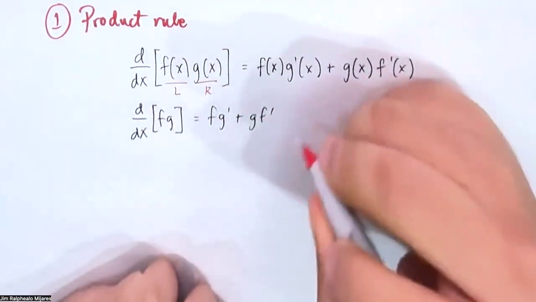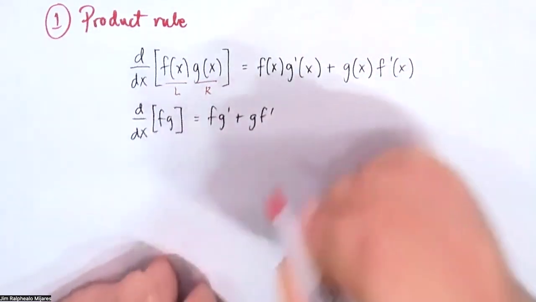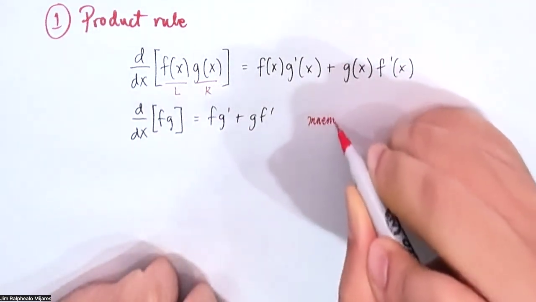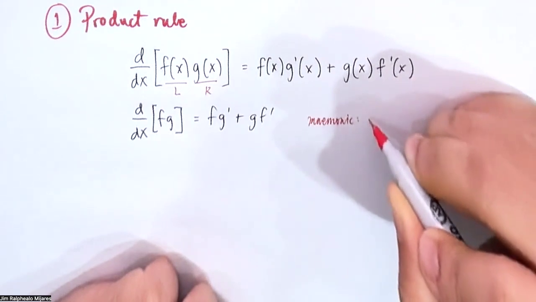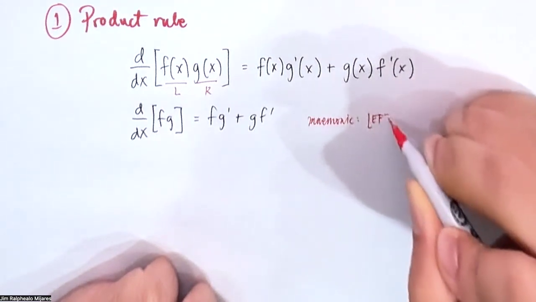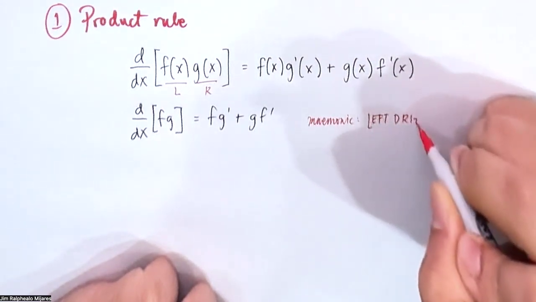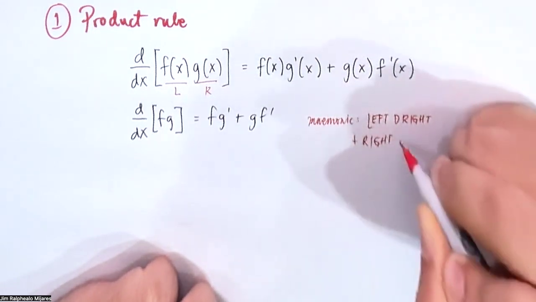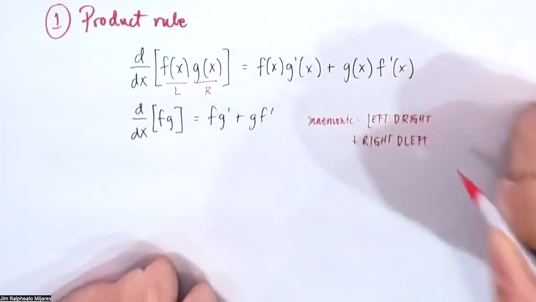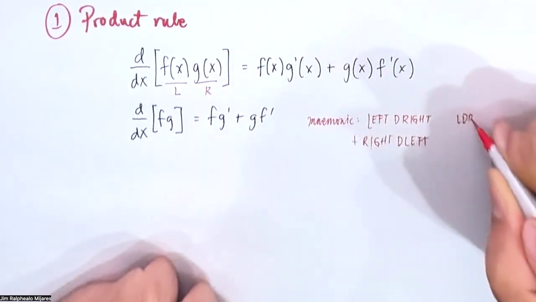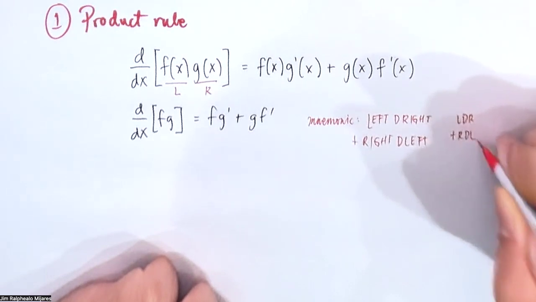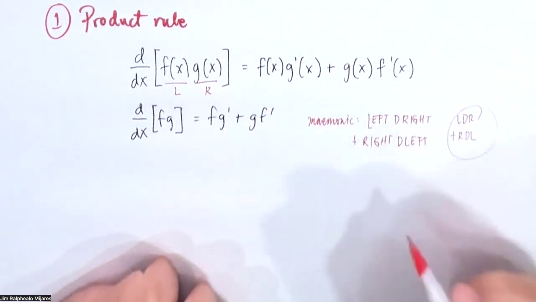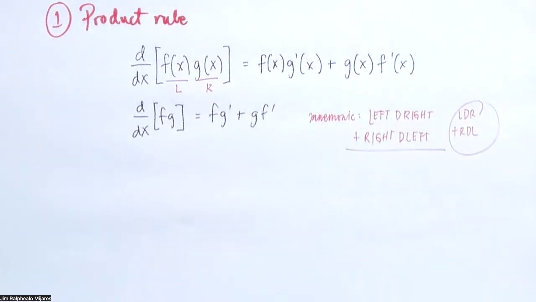The mnemonic is left d right plus right d left, or LDR plus RDL. So the product rule is in essence left d right plus right d left.